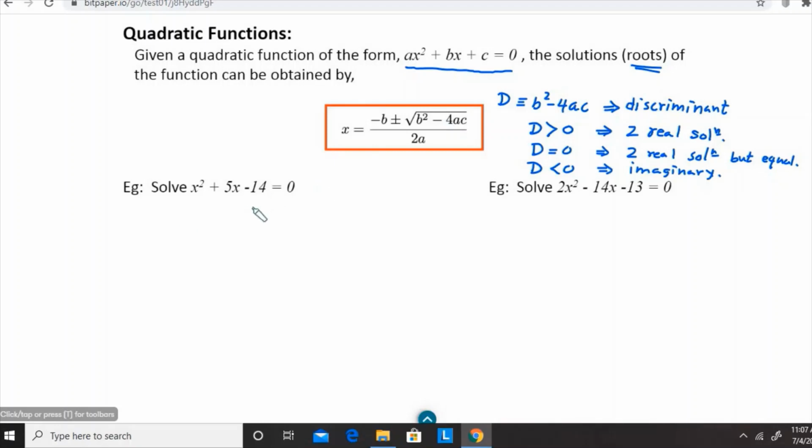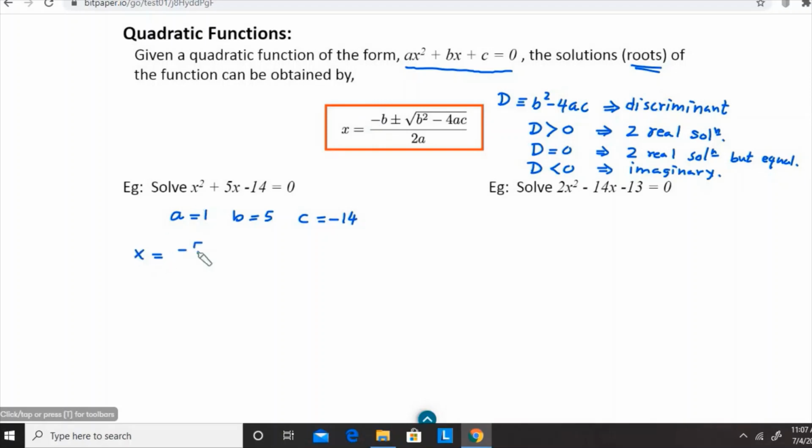So let's look at these examples. Here you have to identify what the coefficients are. Directly I can see the coefficient A equals just 1, coefficient B is equal to plus 5, and coefficient C is equal to minus 14. So then I'm going to make a substitution in this formula, the quadratic formula.